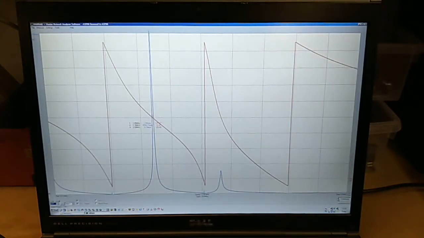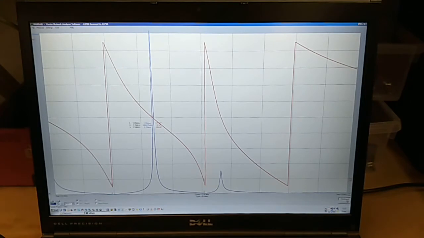Okay, so now we see that whole area from 100 kilohertz to 5 megahertz in much more detail. Got those 3 resonant circuits in there. And I'm going to wind back to the balance point.